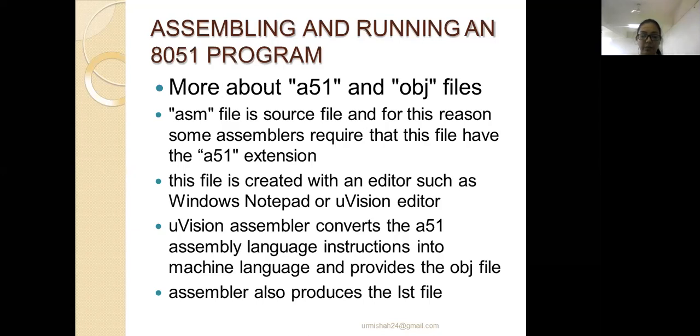Once you have written the program, you have to save that file in ASM or A51 format. Now the Microvision assembler converts the A51 assembly language instructions into machine language and provides the object file.